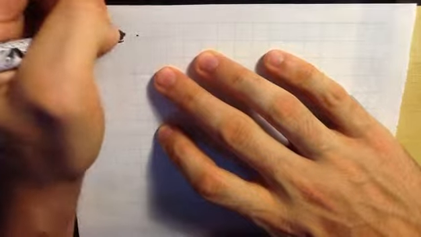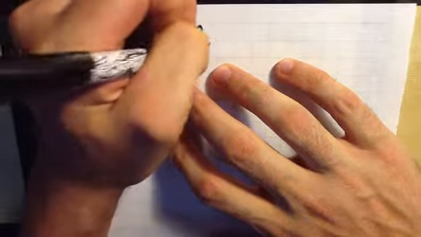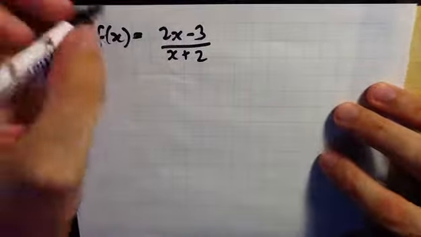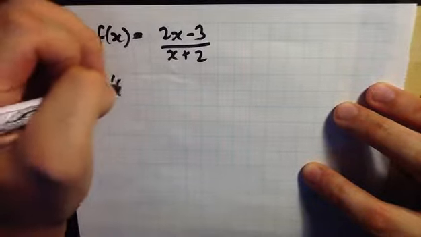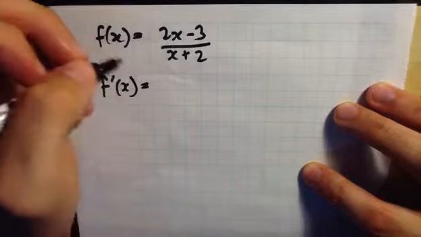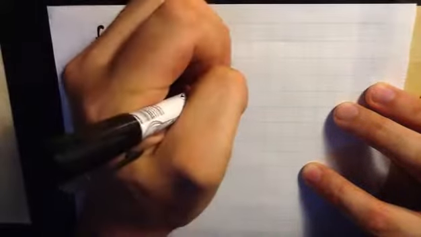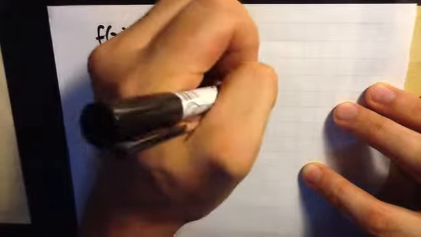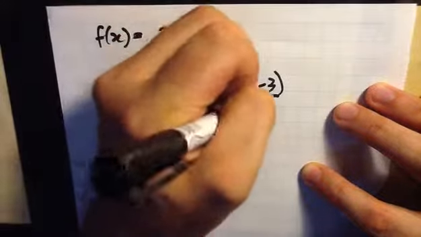Next, stationary points. Let's rewrite the function here. f of x was 2x take 3 over x plus 2. To get the derivative, because I'm looking for the stationary points, local maximum or minimum is when the derivative is 0. It's going to be the quotient rule: the derivative of the numerator, which is 2, multiplied by the denominator, subtract the derivative of the denominator, which is 1, multiplied by the numerator, all over the denominator squared.